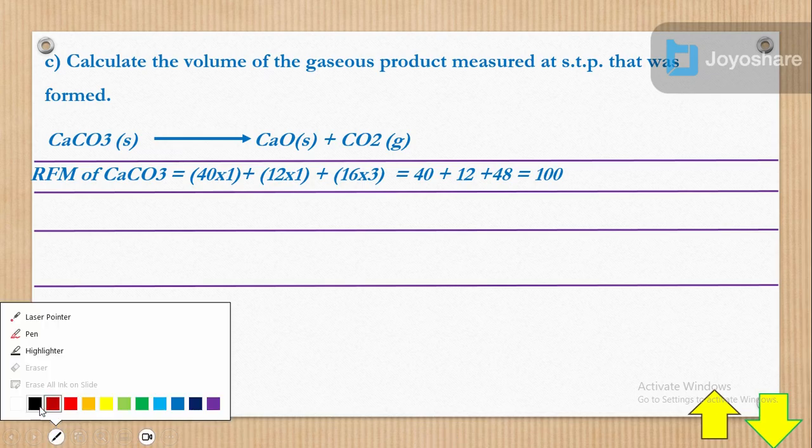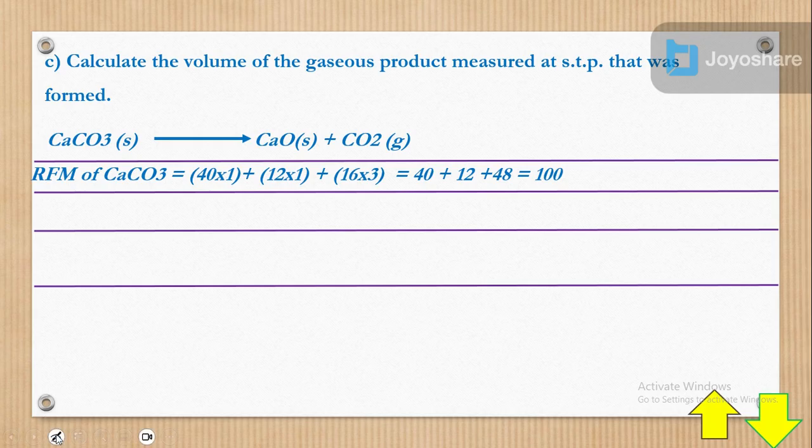For example, the RFM of calcium is 40, the RFM of carbon is 12, the RFM of oxygen is 16. But why the multiplication? Why multiplying by 1? It's because here we have only one calcium. You can see that. So that's why I say 40 times 1. Here C, why times 1? We have only one carbon.